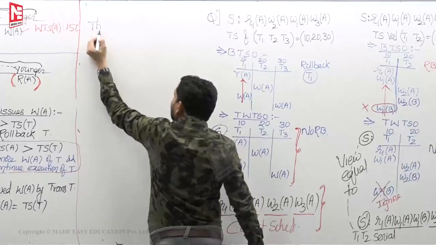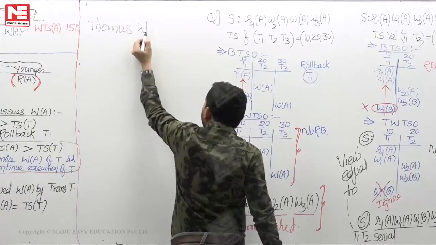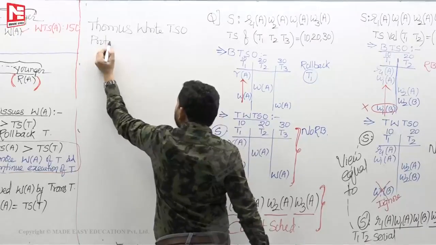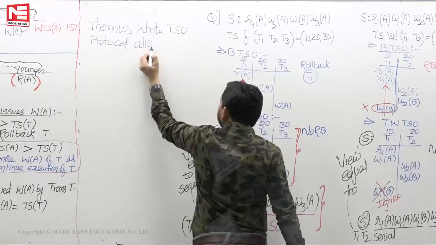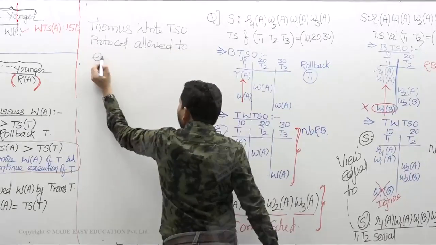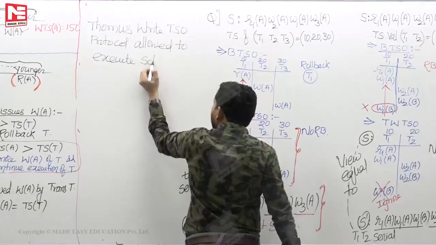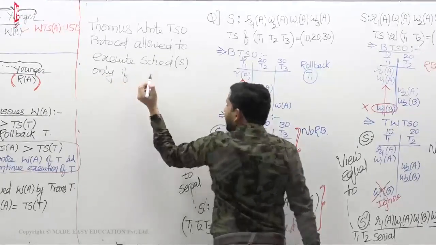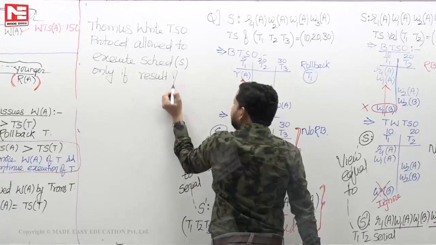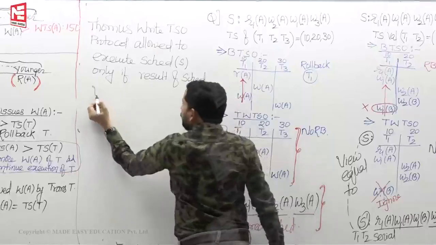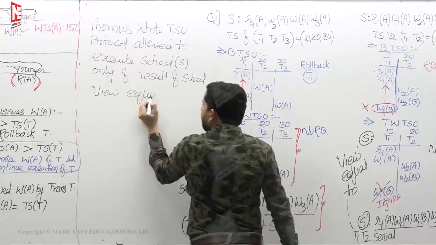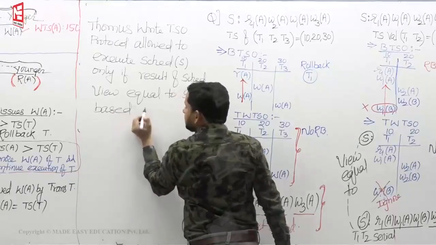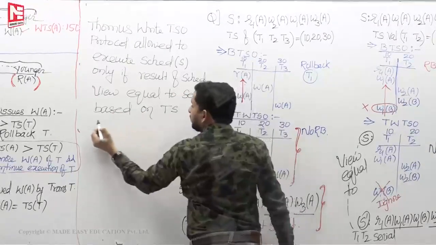Thomas write rule timestamp ordering protocol is allowed to execute schedule S only if the result of the schedule is view equal to the serial schedule based on timestamp ordering.